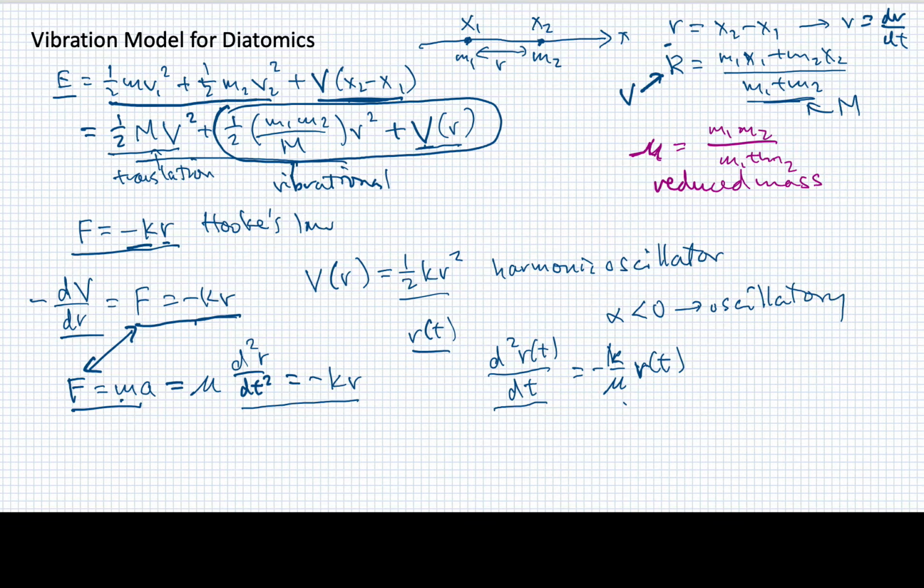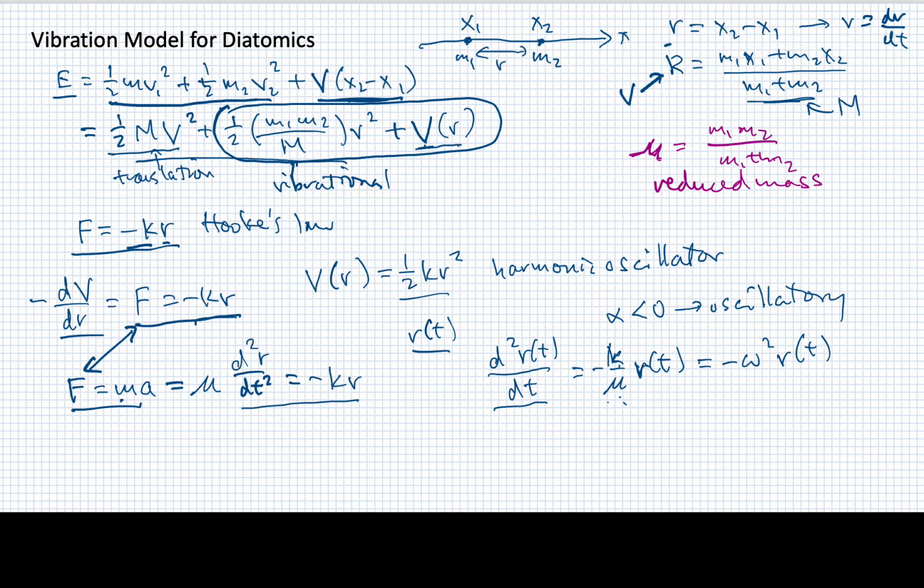So that's what we're seeing here is oscillatory motion, because k is a force constant, which is a positive number, and mu is a reduced mass, which is a positive number. So in fact, before we used minus k squared to indicate that, I'm going to use a different symbol. I'm going to use omega squared to indicate this.